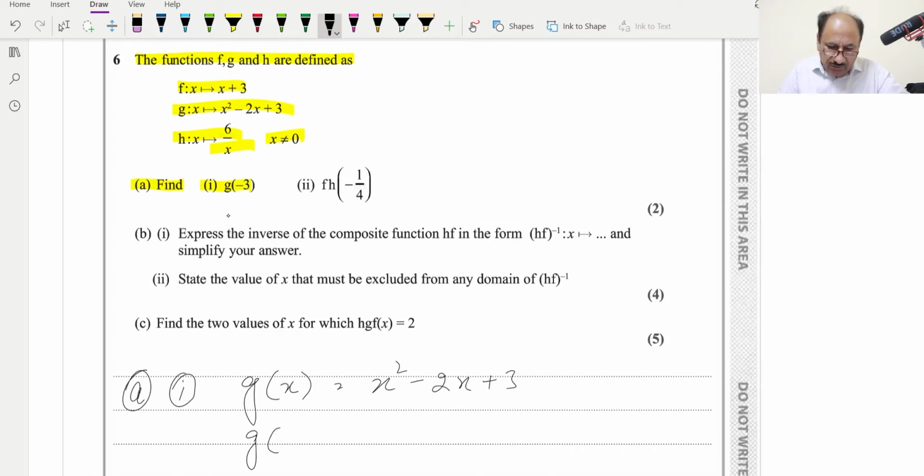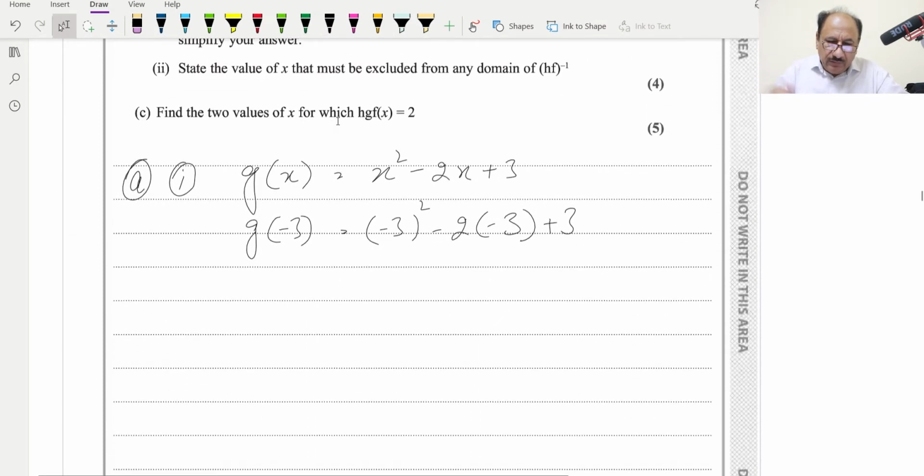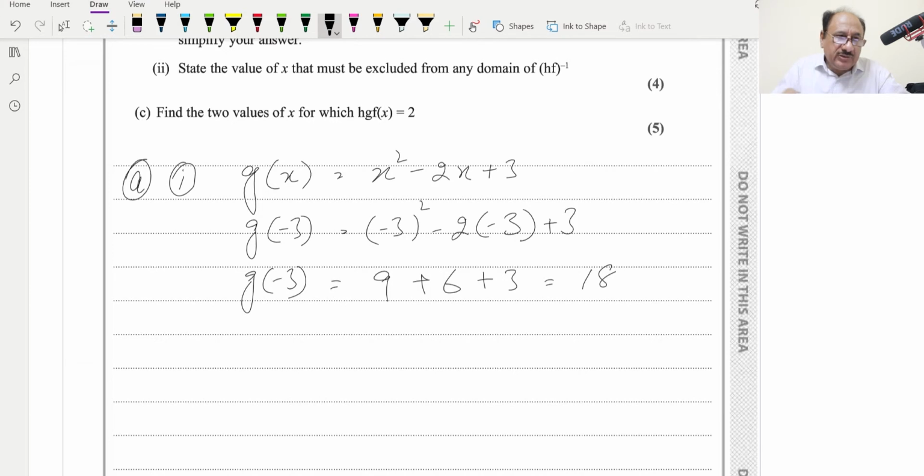So we can find g of minus 3 will be minus 3 squared, we will replace x by minus 3, and now we can rewrite it as this will be 9 and this will be plus 6 and plus 3, so this will be equal to 18. So g of minus 3 is equal to 18, which is done. A part is done.